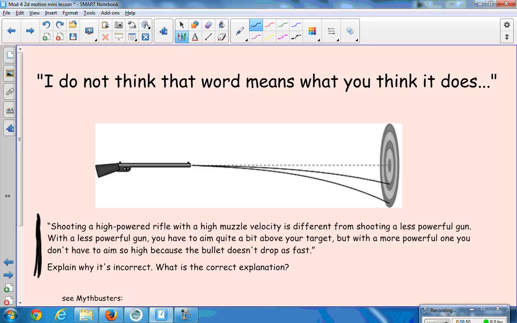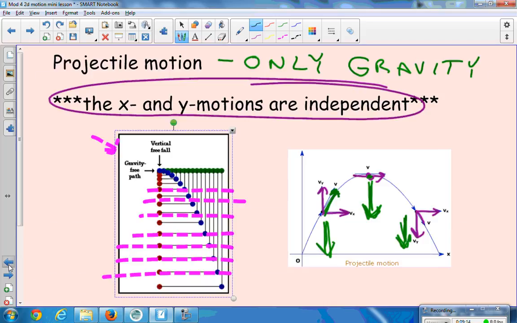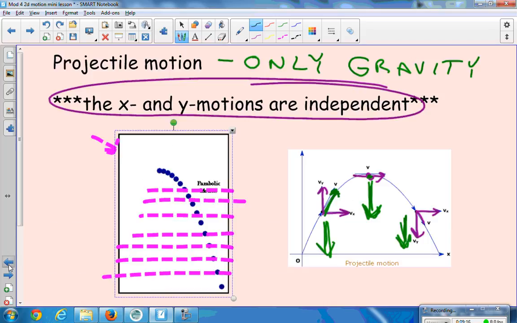Explain why it's incorrect. This is the problem: the bullet doesn't drop as fast. This doesn't matter. If we were to follow how quickly they fall in the same amount of time, they would drop the same distance, just like we did in our previous slide, where each of these balls is right next to where it's thrown.